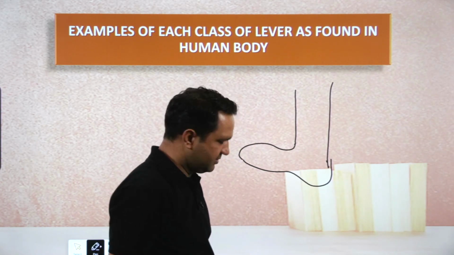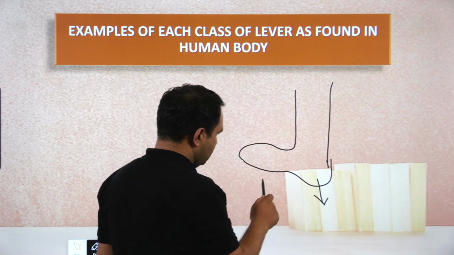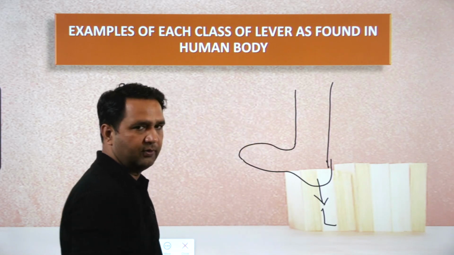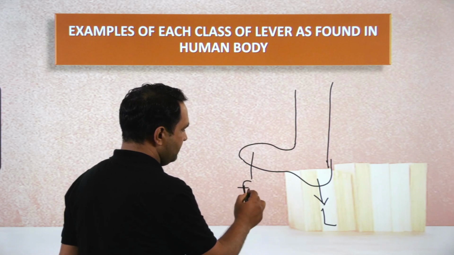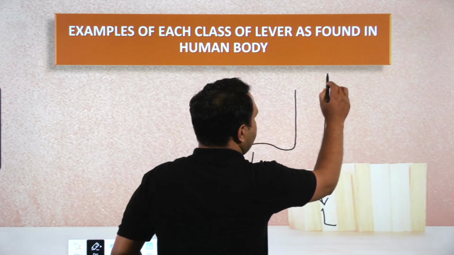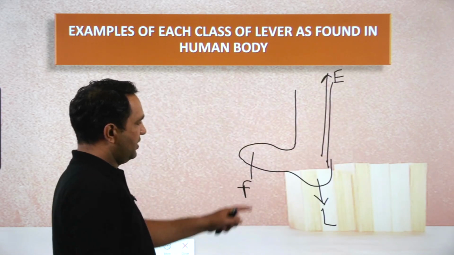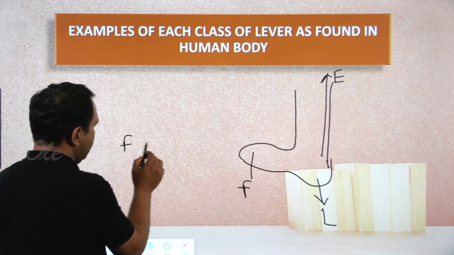So this is the point from where load exists. This is the fixed point, and I am applying effort at this point. E, effort. So in this case, the load is between fulcrum and effort.